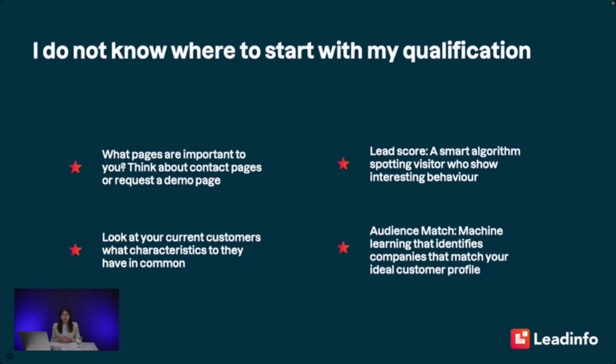For example, the things that I told you: start building your segments for what is relevant for you. How did somebody behave on your website, or what characteristics do they have? And the part of what is relevant for you is something that we can even take out of your hands, by adding a lead score and an audience match.